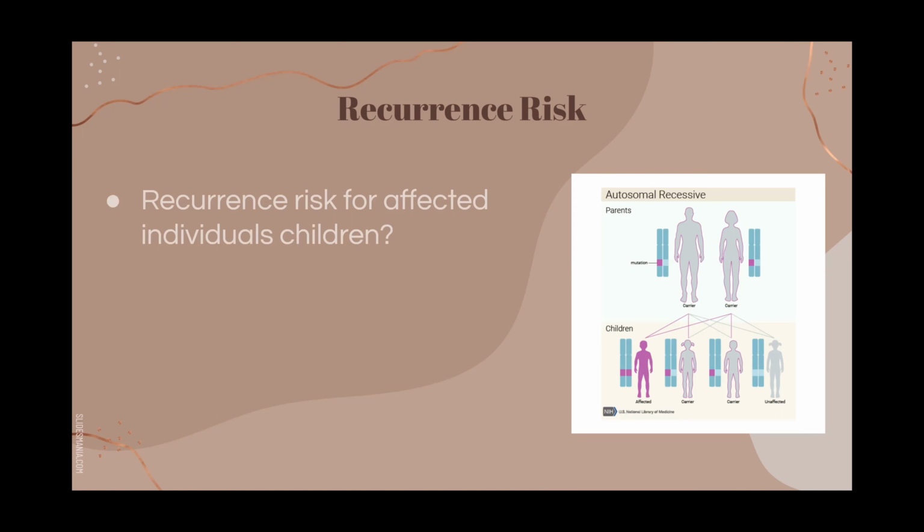So it is kind of variable, but depending on the partner, most likely the partner is not a carrier, and this can be determined through genetic testing. If the partner is unaffected, then 100% of their children will be affected as carriers. 0% of the children will have the disorder.